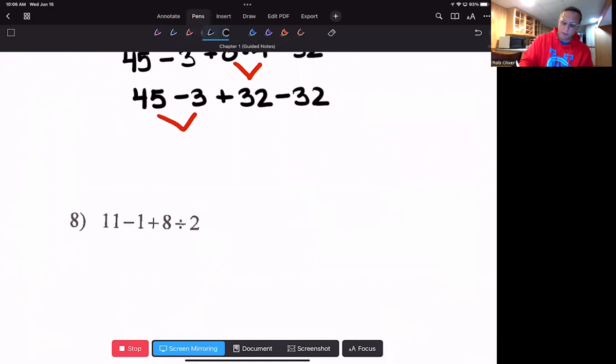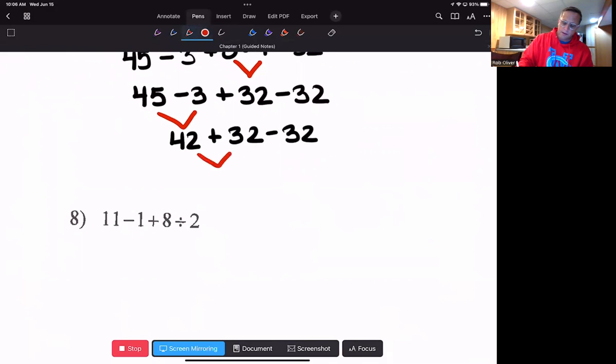So this, as you can see, the math isn't too difficult. We got 42 plus 32 minus 32. Then 42 plus 32 is going to be 74. 74 minus 32 is going to be, oh, we're back to 42 again.